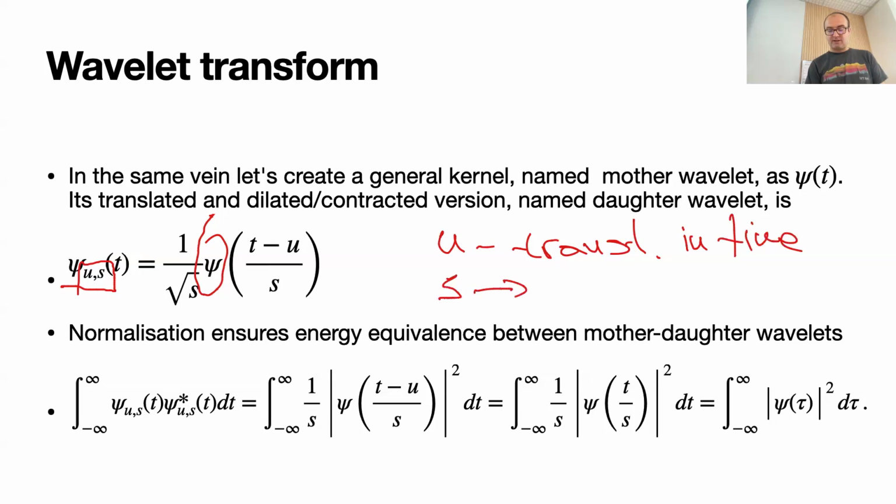And s means contraction, and it is called the scale of the wavelet. If you open any wavelet book, the title of the book, most probably, or the text, will be time-frequency analysis. So this is time, but throughout the text, you will never see the word frequency. You are always going to look for a word called scale.